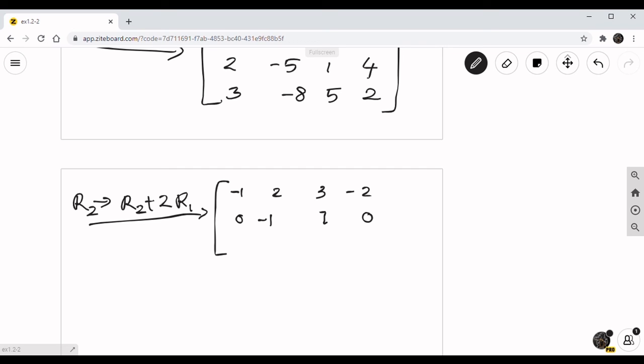Then row 3 is row 3 plus thrice of row 1. So 3 plus minus 3 again becomes 0.